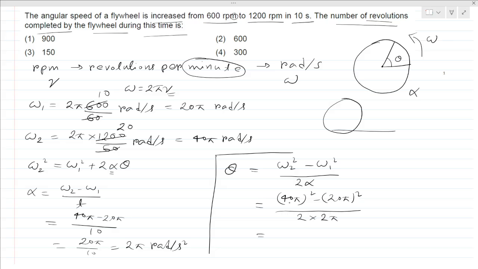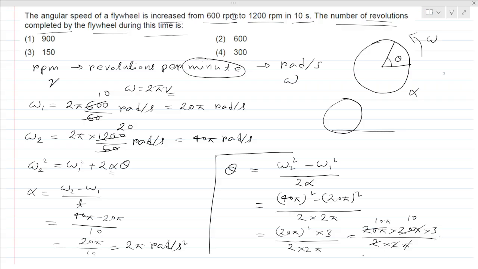If we take 20 pi common, it should be 20 pi square into 2 square minus 1 square, so 4 minus 1, 3, by 2 into 2 pi. Further simplified, 20 pi into 20 pi into 3 by 2 into 2 pi. Simply cut pi, and 2 into 10 is 10.